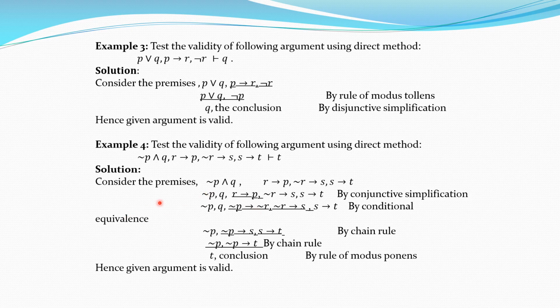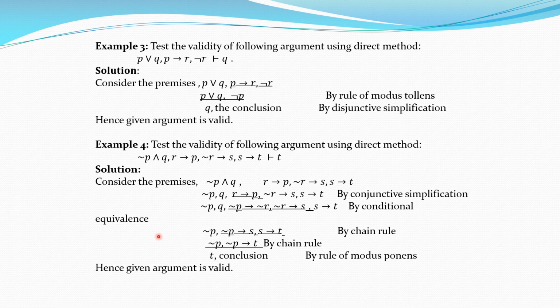Now R implies P is logically equivalent to negation P implies negation R. So here we have used that logical equivalence and the remaining premise part is the same. Now for the second and third implications, here we can use the chain rule. So by the chain rule we can replace these two premises by negation P implies S and the remaining part is the same.